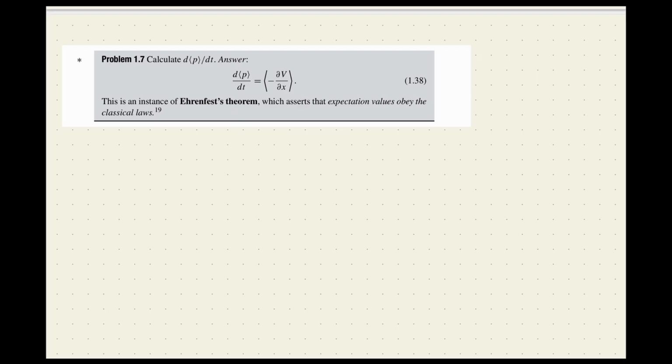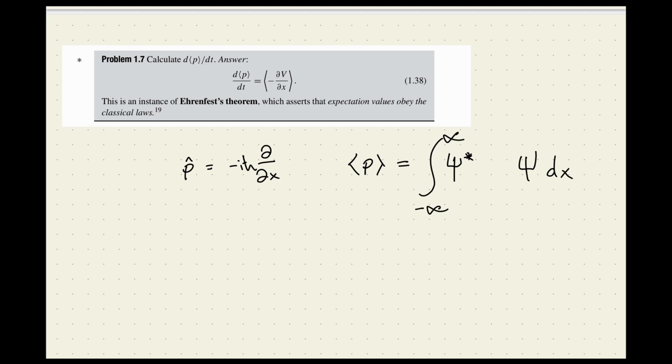Well, we saw that the momentum operator is equal to negative i h-bar partial x. So if you want to find the expectation value of the momentum operator, you basically sandwich it between psi star and psi and integrate over all space, so negative infinity to infinity. So over here, we put the momentum operator, which is this thing here.